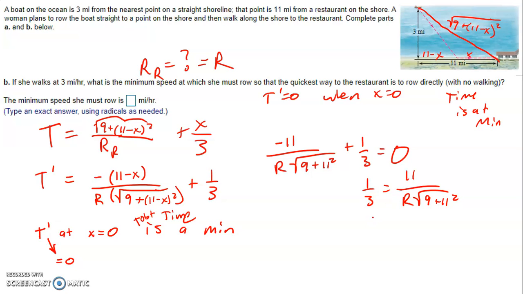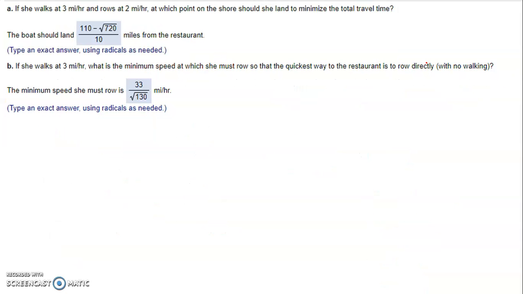So we would have 1/3 equals 11 over r root 130, cross multiply, 33 equals r root 130, and then divide by root 130. So r equals 33 over the square root of 130. So that is the rate that would minimize, that's the minimum rate that she would have to go in order for the distance to be 0 that she's walking. So, hope that helped.